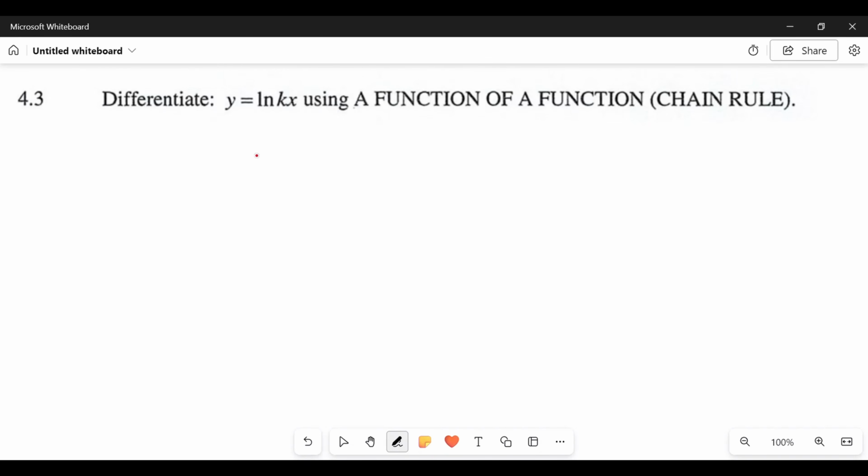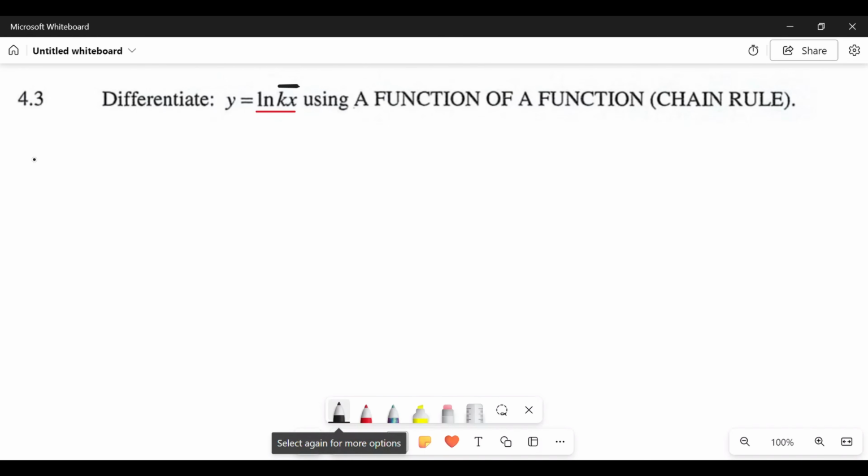Now the outer function, I'm going to highlight it in red. The outer function is the whole thing, natural log kx. That is your outer function. Now the inner function is kx. So you must equate the inner function with u and the outer function with y.